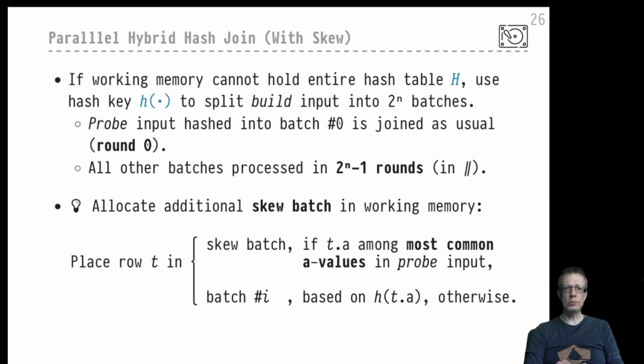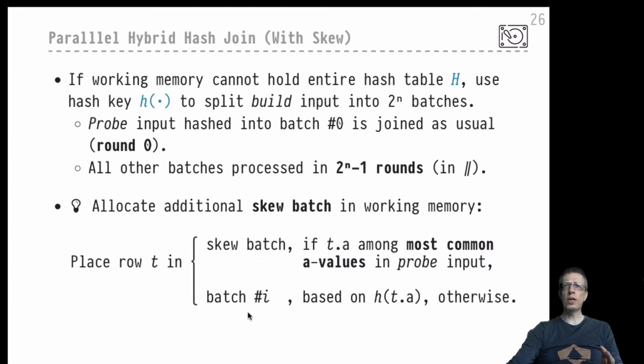Actually, this is what is being updated and built when we perform an analyze on a table. So the most common values in each column would be identified and recorded, and used to decide whether a row that would maybe be placed on an on-disk batch file should rather go into the in-memory skew batch, because it has a high chance to find join partners in the probe input.